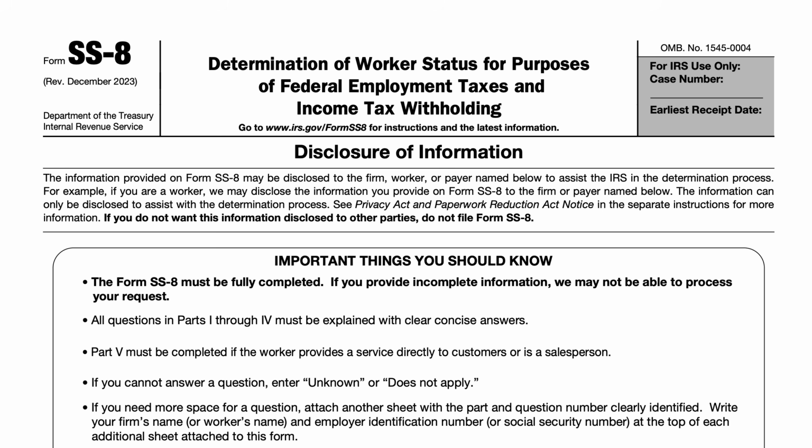This form simply is to give the IRS, the Internal Revenue Service, enough information about an employee or a worker's relationship with the company so that the IRS independently makes a determination on whether or not that worker is in fact a company employee or whether or not they're an independent contractor.